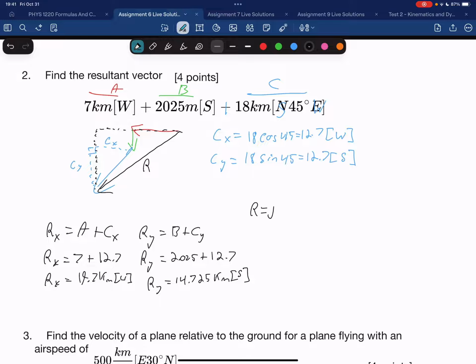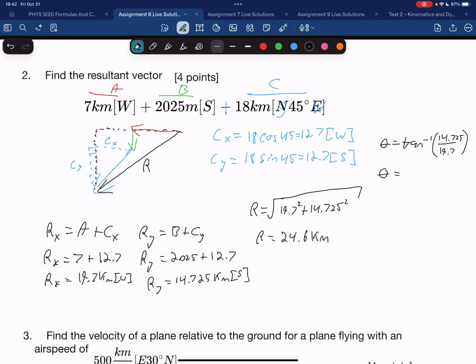So Pythagorean theorem, 19.7 squared plus 14.725 squared. Resultant is, I got 24.6 kilometers. Again, I'm going to use tangent. Theta equals, for the direction, tangent, our opposite is the 14.725 over 19.7.